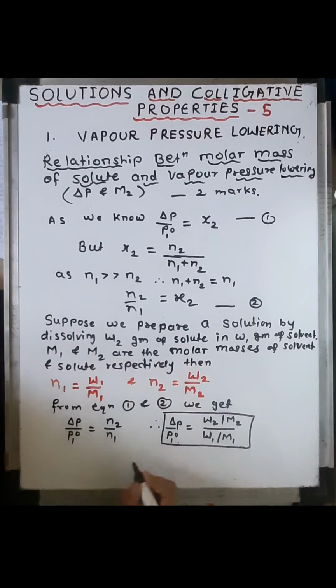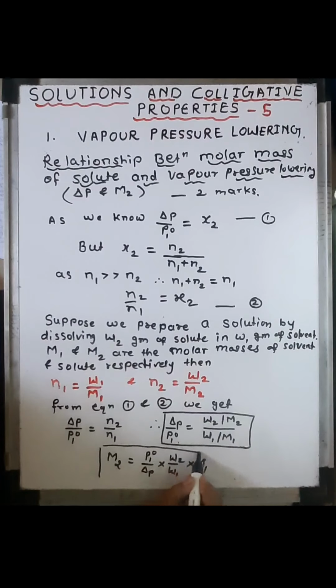And we can calculate M2 from this equation: M2 is equal to P1° upon delta P into W2 upon W1 into M1.